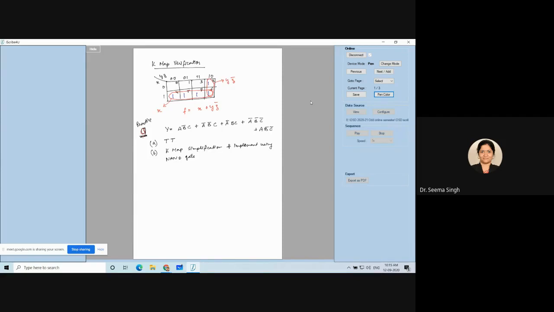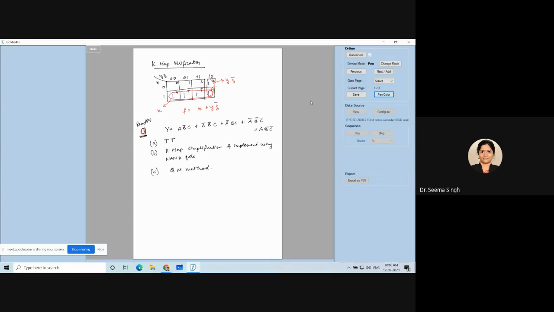This is your B part question and C part question is solve this using QM method. Okay, so you need three things: truth table, K-map, and QM method. Now you should start doing this randomly. I will be asking any one of you to give me the answer of any one of it.